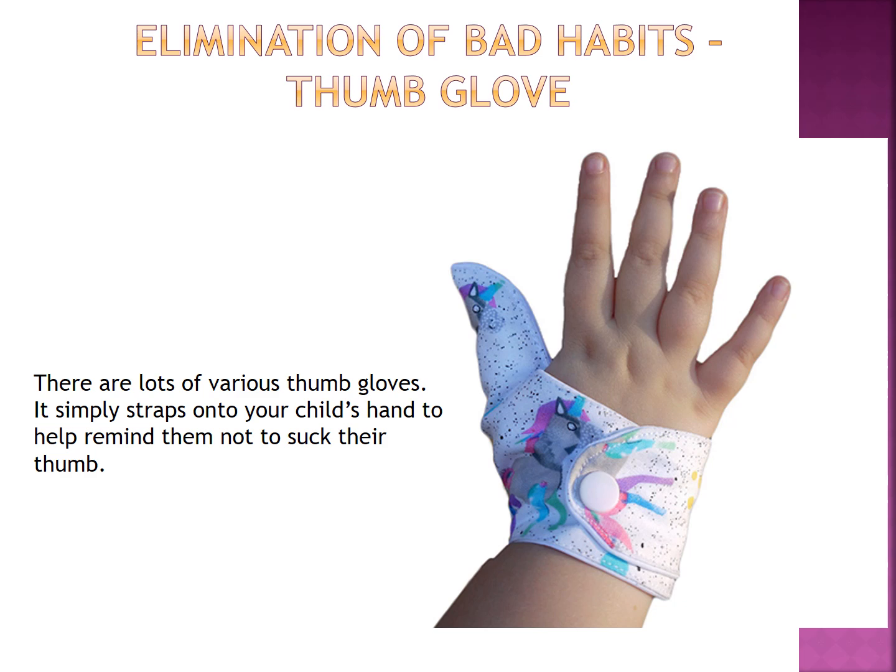Or we can recommend a thumb glove. There are lots of various thumb gloves. It simply straps onto the child's hand to help remind them not to suck their thumb.